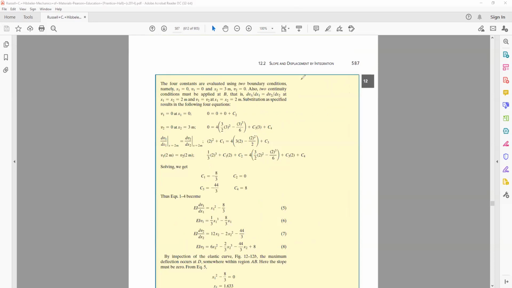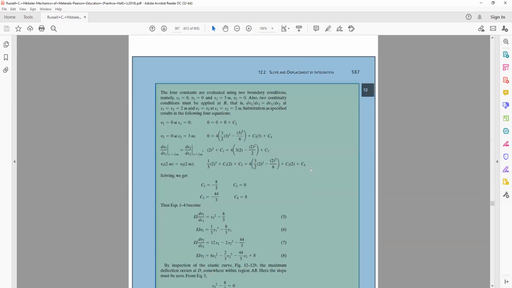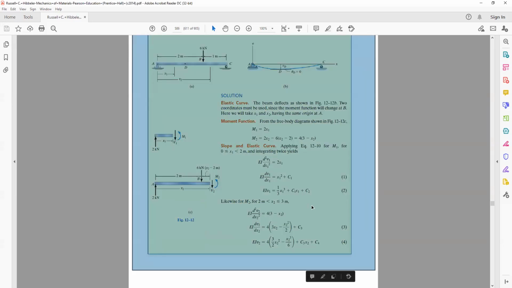This is condition 1, condition 2, condition 3, condition 4. Once we use these 4 conditions, we get the values of C1, C2, C3, and C4. All the 4 constants come out. By the way, I will take you back to the previous page.